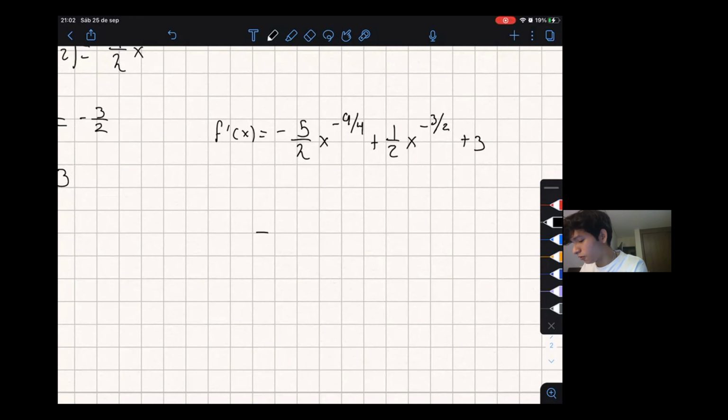So for example, minus 5 over 2 x raised to the minus 9 over 4 becomes 9 over 4 without the minus, because it's positive since we changed the position. And we do the same with the 1 over 2 x raised to the minus 3 over 2. That is equal to 1 over 2 x raised to the 3 over 2 plus 3.